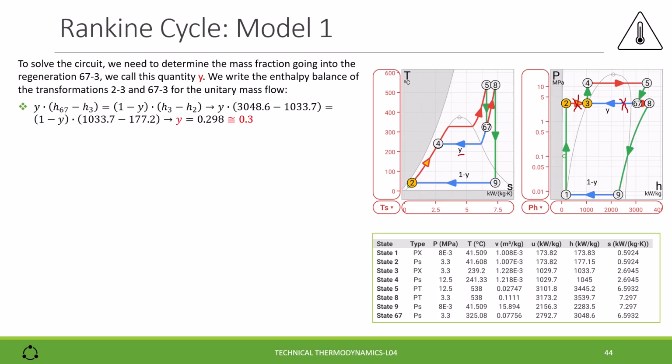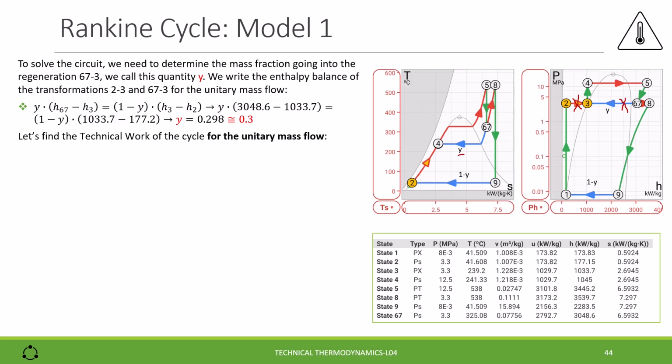Y into H6-7 minus H3 equals 1 minus Y into H3 minus H2. Solving for Y, we find a quantity very close to 0.3.